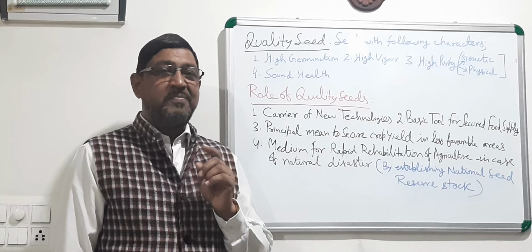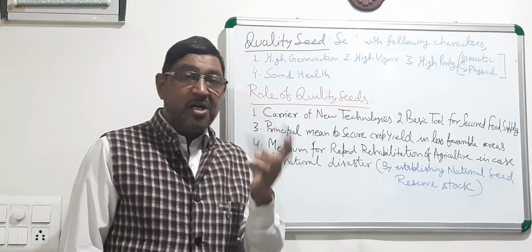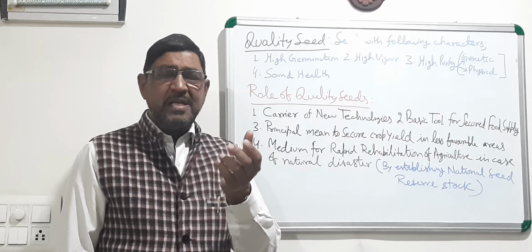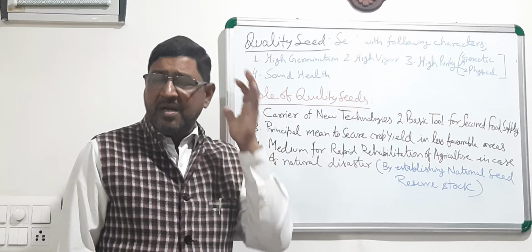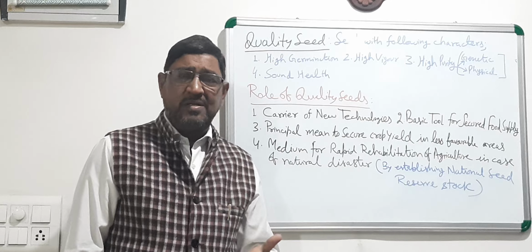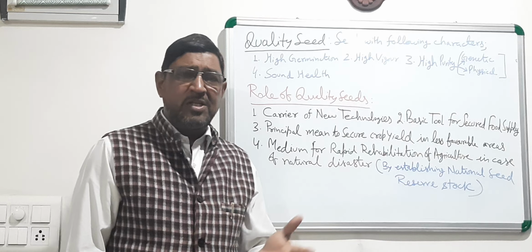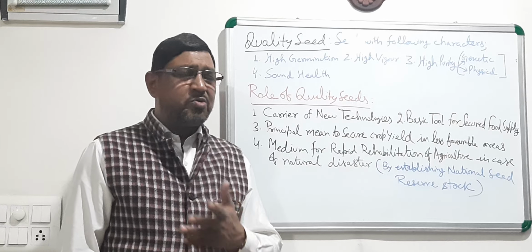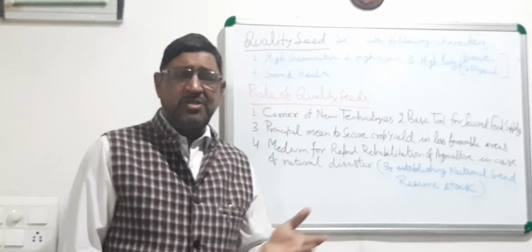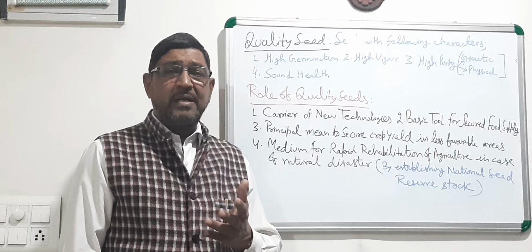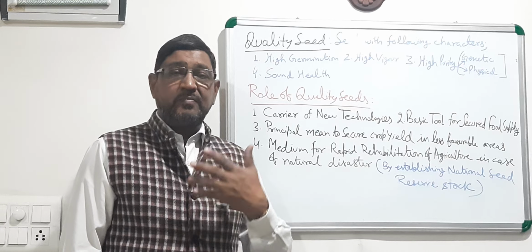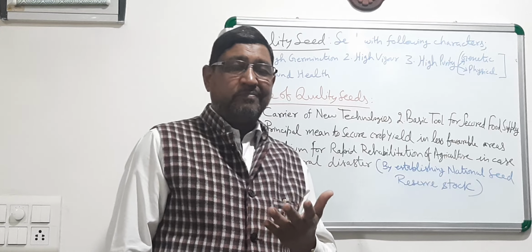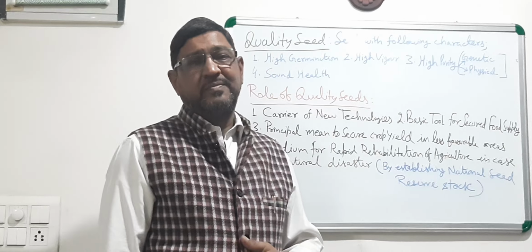It should not have inert matter. It should not have any debris or staples of the crop. It should not have stones, sands. It should not have the seed of weeds.